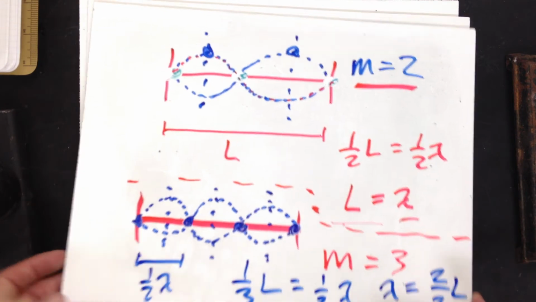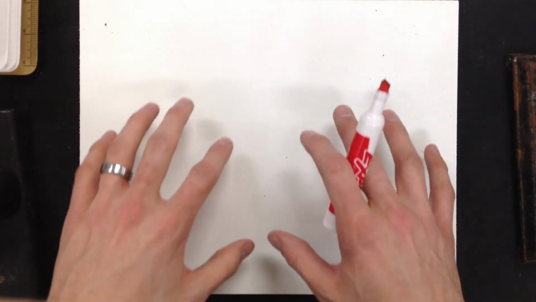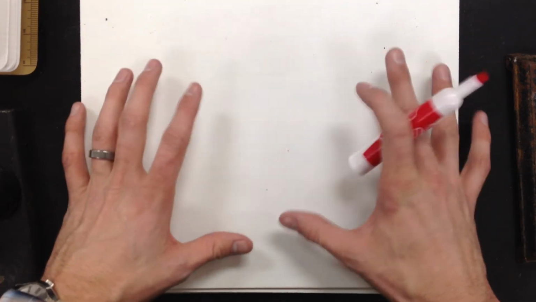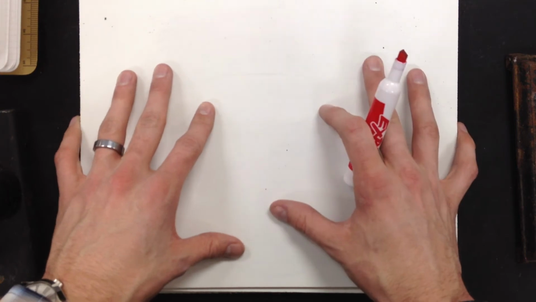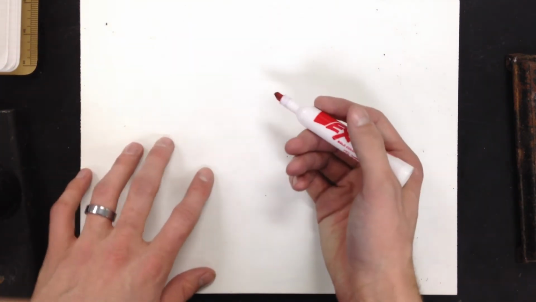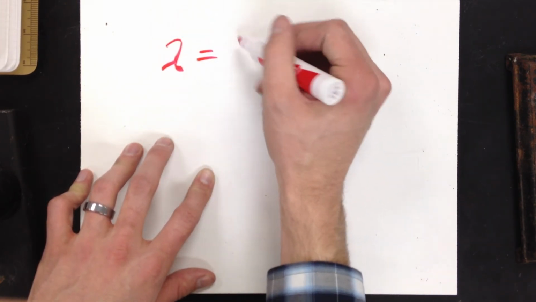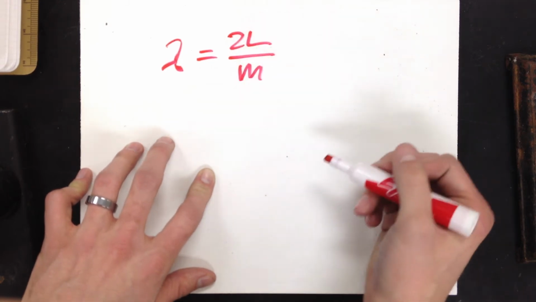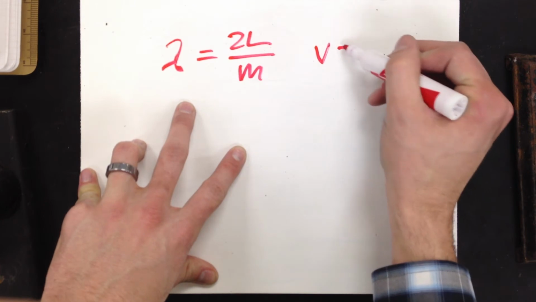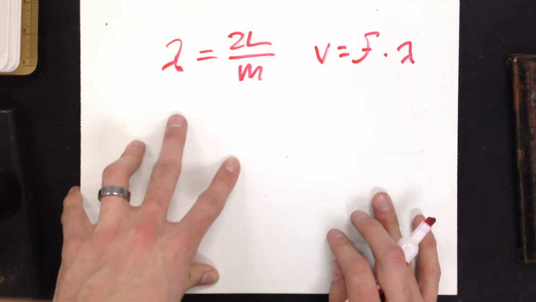Okay, so what good is this? Well, all stringed instruments operate under this standing wave procedure. So think about wavelength being equal to 2L over M. Another equation that we have that involves wavelength: velocity is frequency times wavelength.